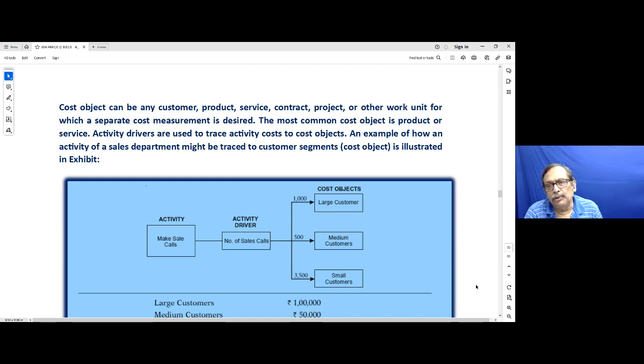The most common cost object is product or service. Activity drivers are used to trace activity cost to cost objects. Now, an example of how an activity of a sales department might be traced to customer segments, that is cost objects, is illustrated in the following exhibit.